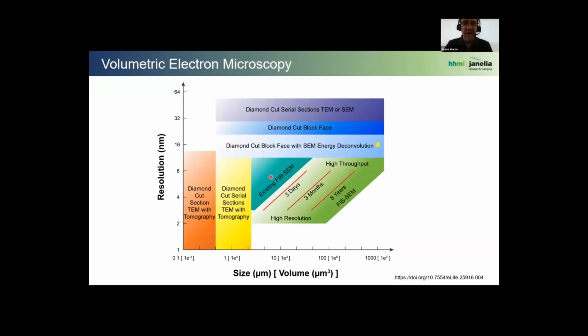But historically, it has been fairly limited in the amount of volume you can get reliably, and a lot of the work at Janelia has been trying to push the capabilities of FIB-SEM to image longer at a time in order to image larger volumes, and that's really what it comes down to.